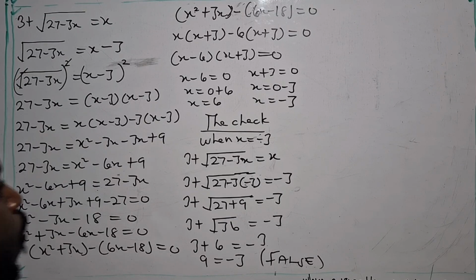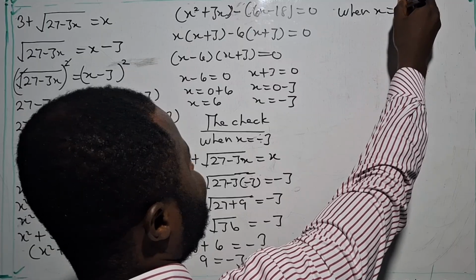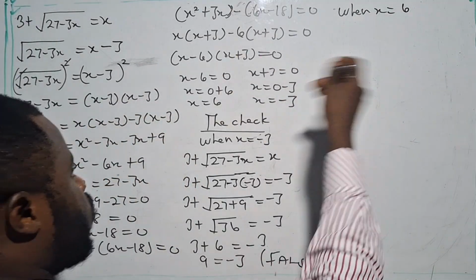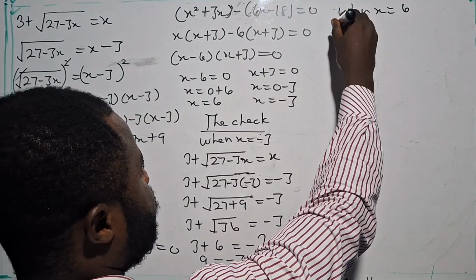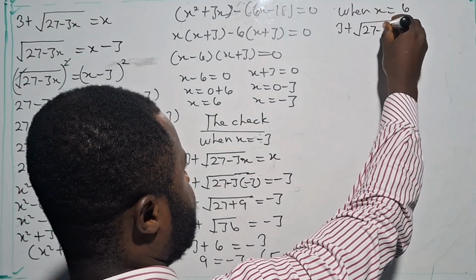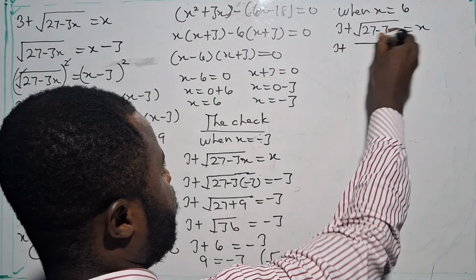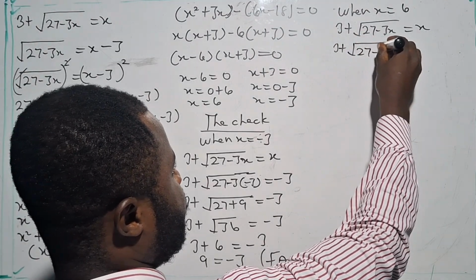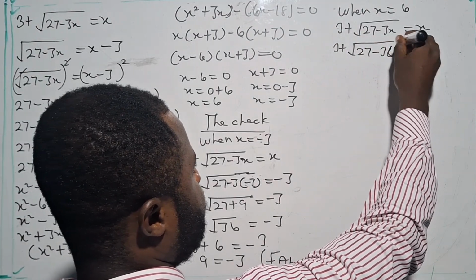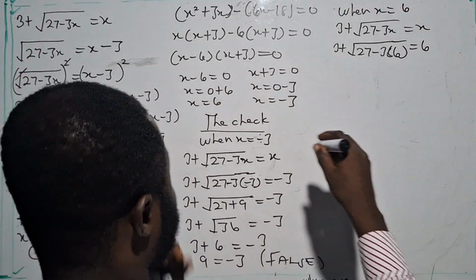So let's try when x is equal to 6, and you can solve along with me. The equation is 3 plus the square root of 27 minus 3x is equal to x. Let's put the value there. 27 minus 3 times 6 is equal to 6 here.